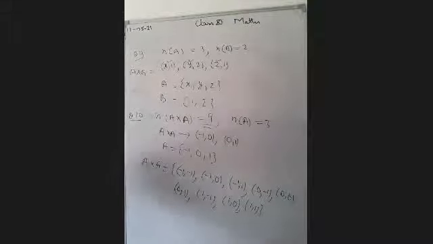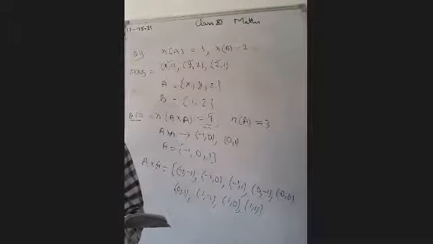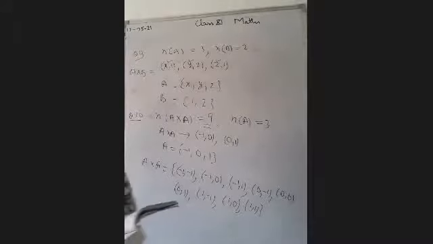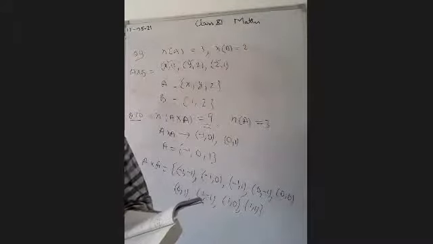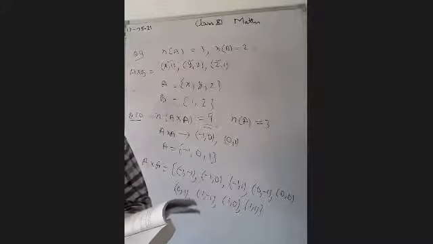So we have completed this exercise, that is exercise 1.1. You can complete this exercise up to 10 questions, and you also have to do the example, example 3. It is similar to the question number 7 I have done. So example 3 you have to do especially, and the remaining 10 questions.